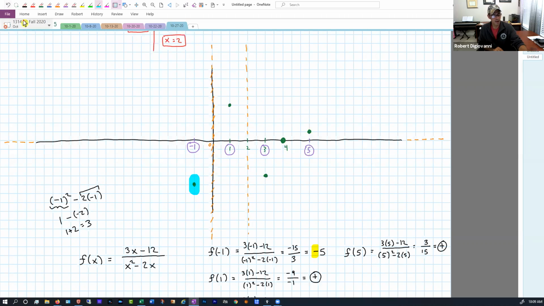Now, I have to imagine if I go to the left, don't draw this, what actually happens to the graph as I go to the left? Can I just do whatever I want over here, or am I forced to do something? So what am I forced to do? You have to go towards the x-axis.